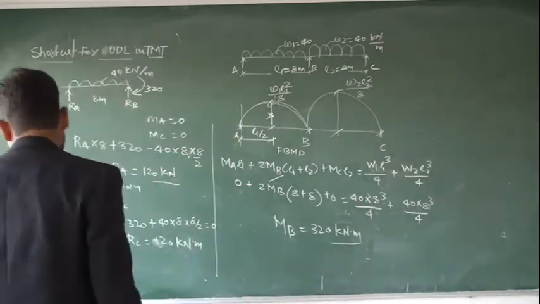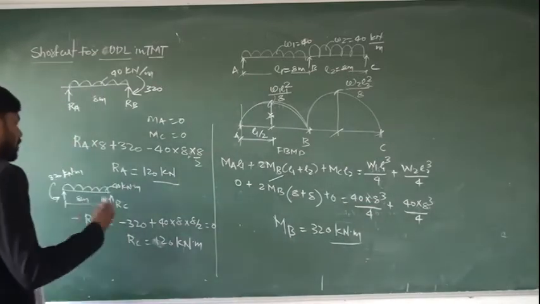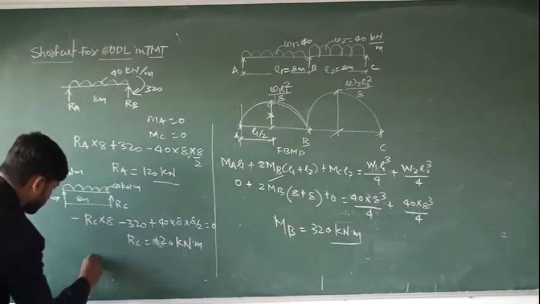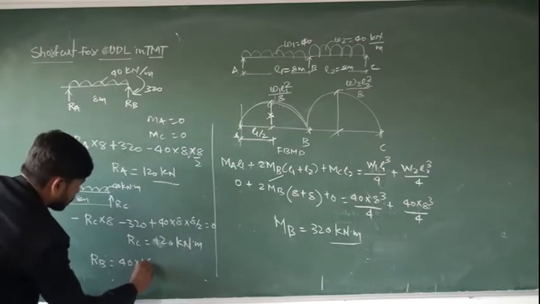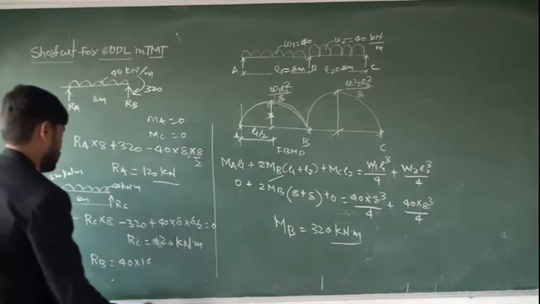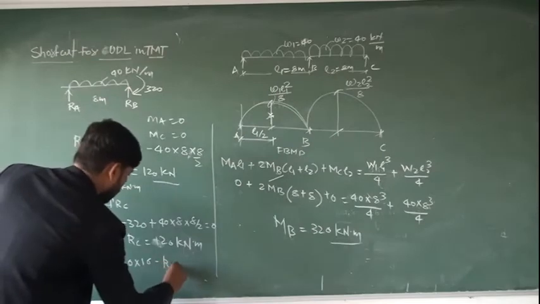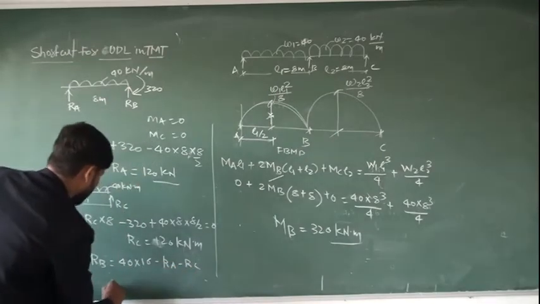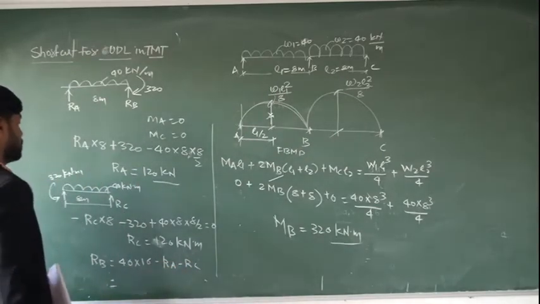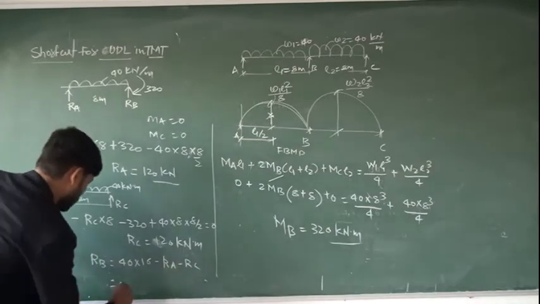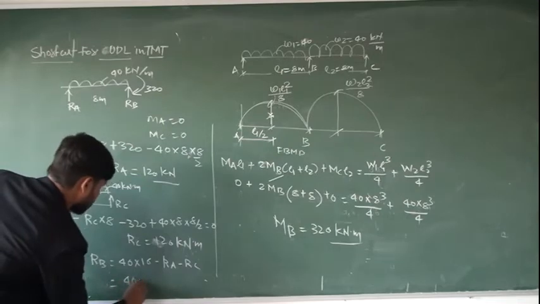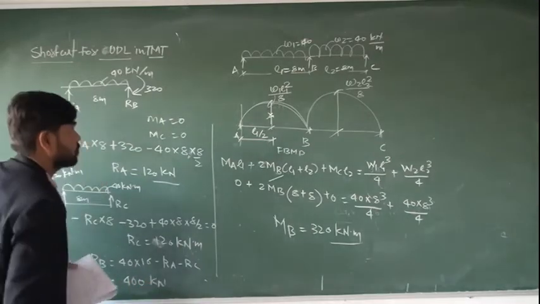Now what is RB? RB will be the total load minus RA minus RC. Total load is 40 into 16 minus RA minus RC. You will get RB as 400.